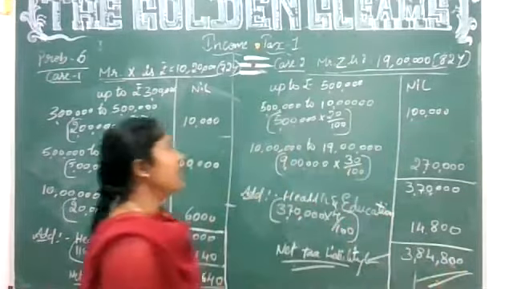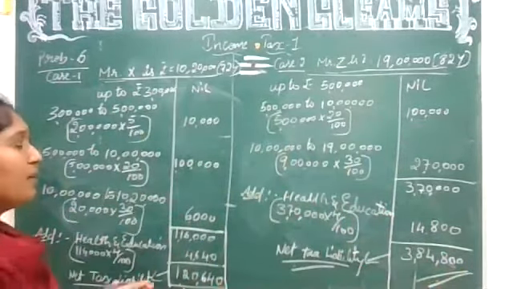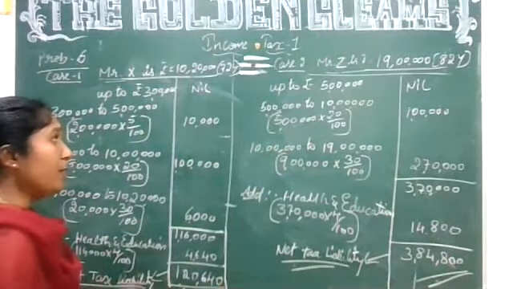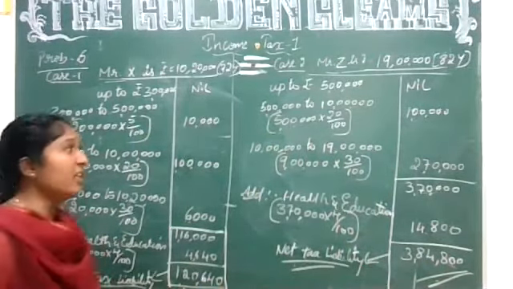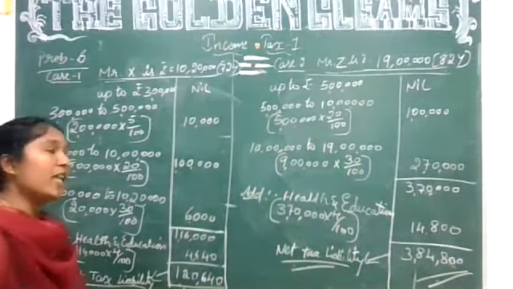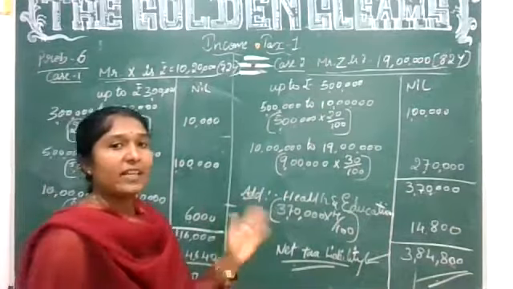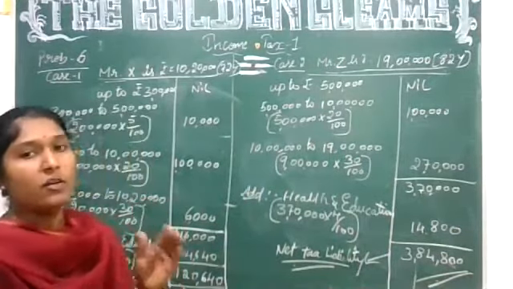In case 2, Mr. Z, the total income is 19 lakh. Up to rupees 5 lakh is nil. The 5 lakh to 10 lakh, 20%: 5 lakh into 20 divided by 100 is 1 lakh.